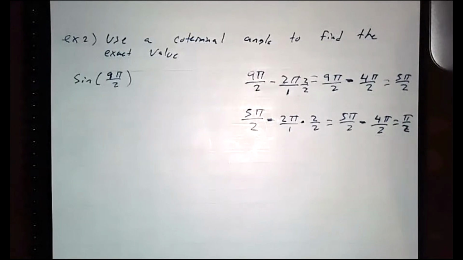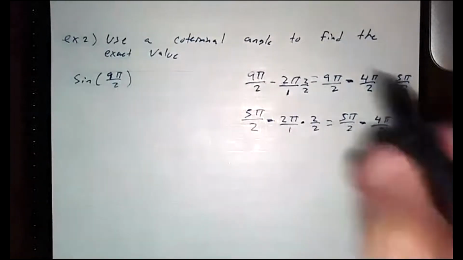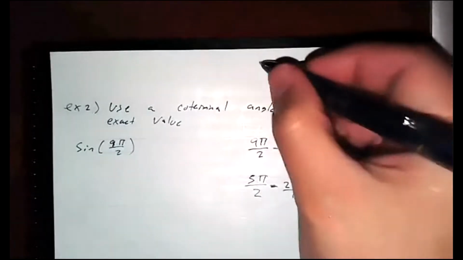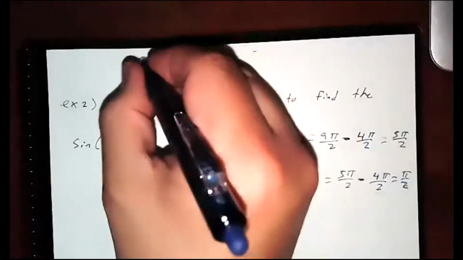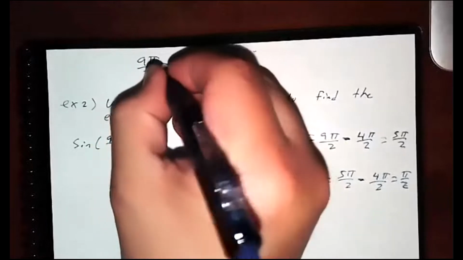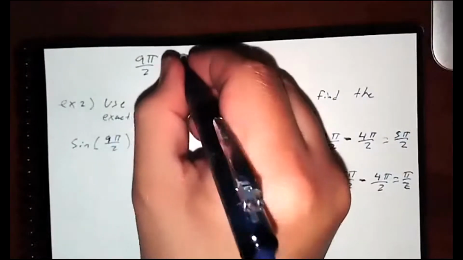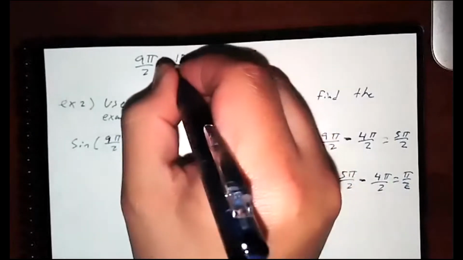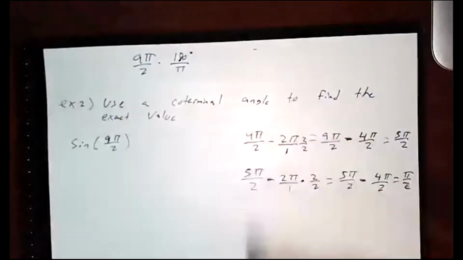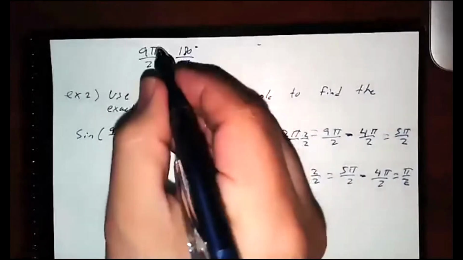If we were to do it in degrees, I'm going to do the scratch work up here. If you were to convert it, 9 pi over 2 times the conversion factor, 180 degrees over pi. Remember we did this in homework 1 or homework 2, I think it was.